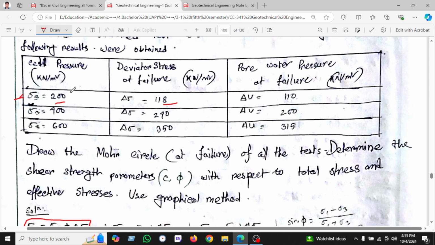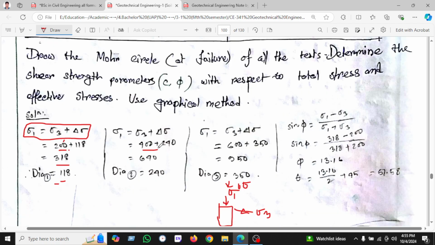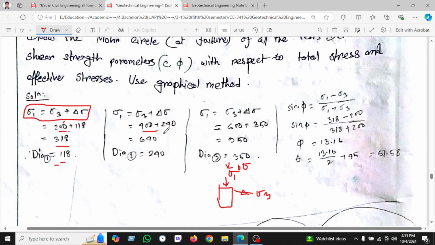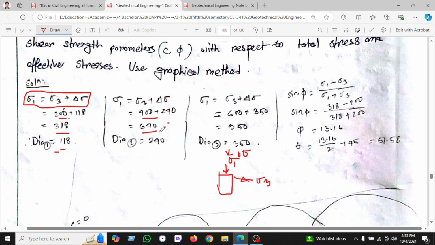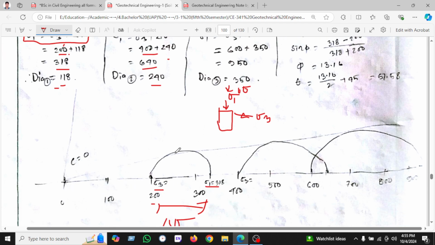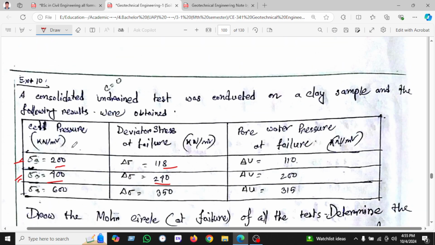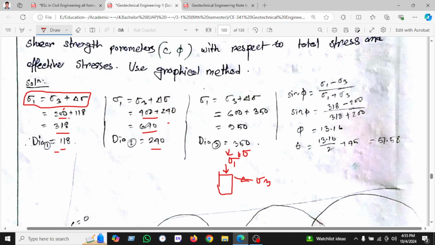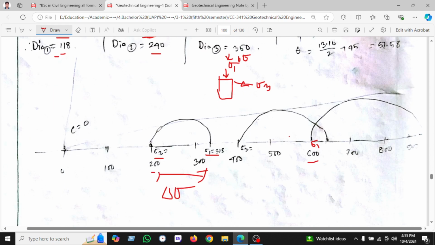And from the second information, sigma 3 is 400 and delta sigma is 240, and we find sigma 1 is 640, and the diameter will be 240. This is the second information. Sigma 1 is 640.